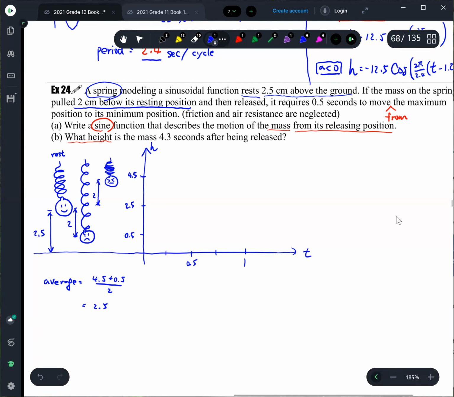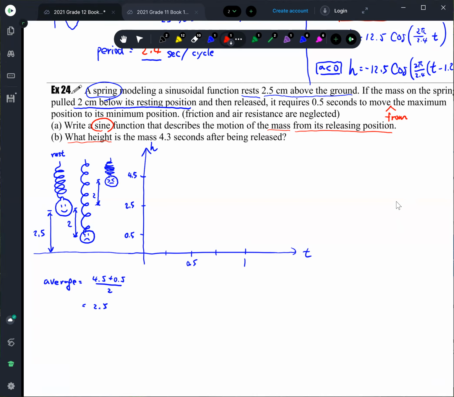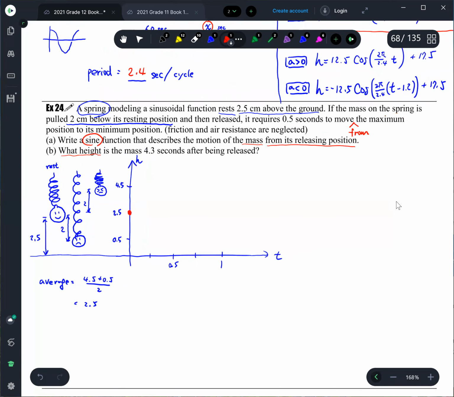Philip, where do you think we should start the point? The middle, 2.5. How do you know? Does it tell you to start at the resting position? Yeah, because it's resting at the start. It rests 2.5 cm above the ground.